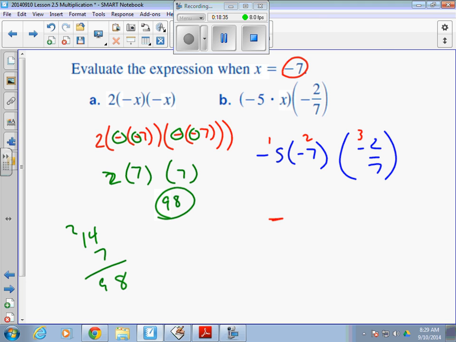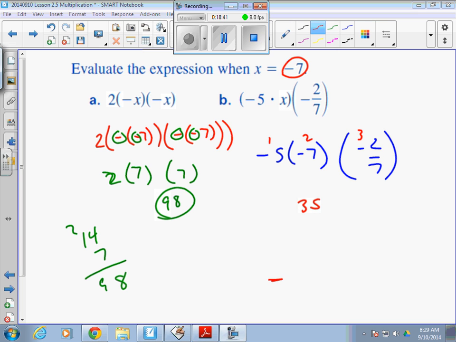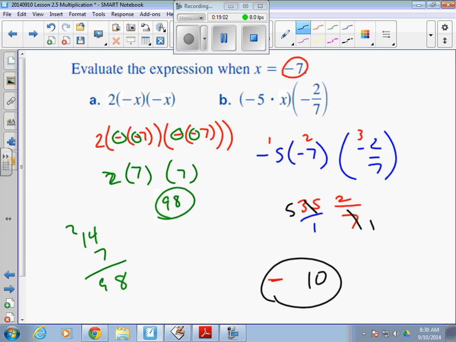And I'm going to bring that negative down. So we have 35, and 35 times 2/7. You can cross cancel that one because the number 7 goes into itself once and into 35 5 times, so that's a whole lot better. 5 times 2 is 10, and we said it's going to be negative originally, so -10 for that one.